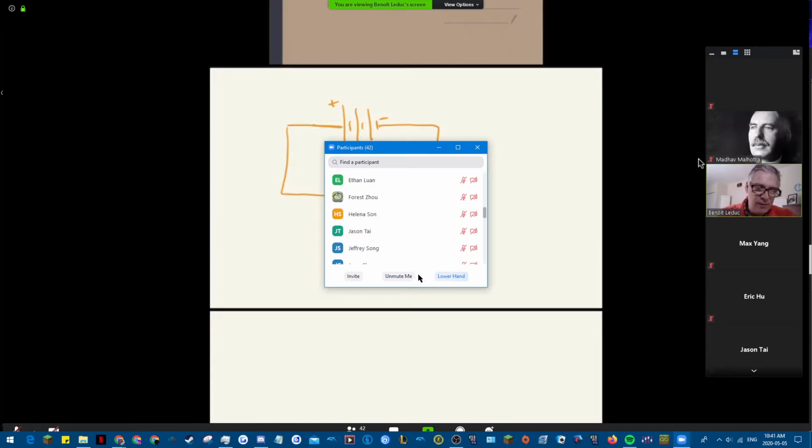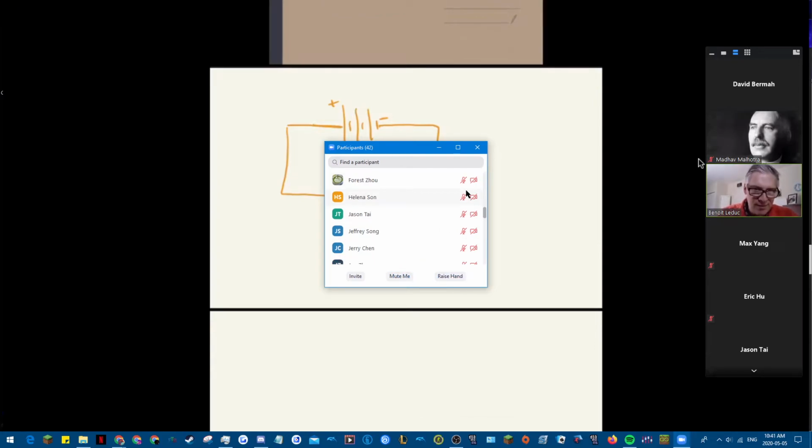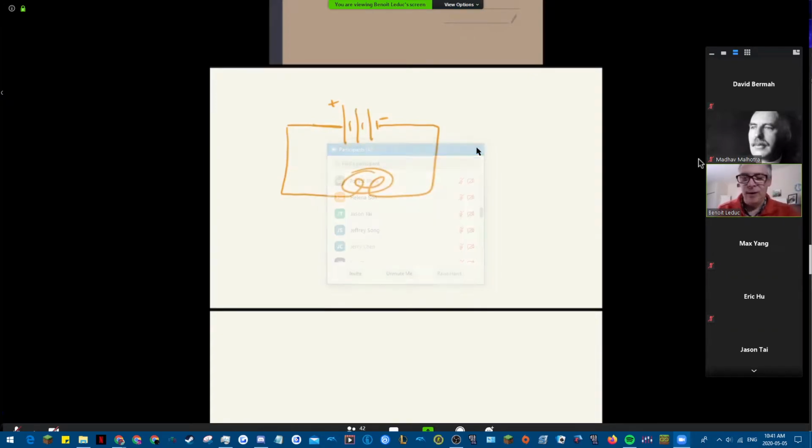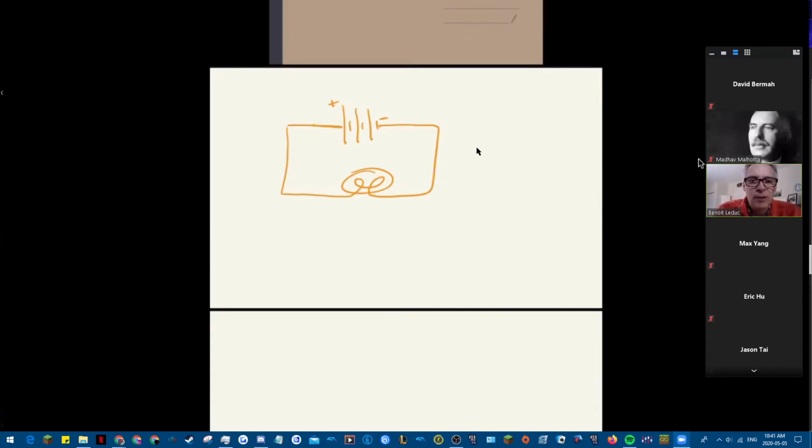Okay. If you ask an electrician in which direction the current flows, this is what they're going to tell you. So the current flows, as Eric said, from high to low.